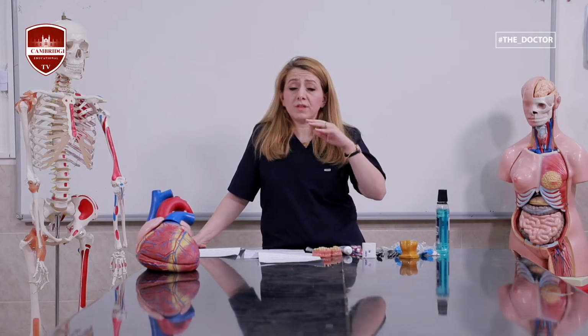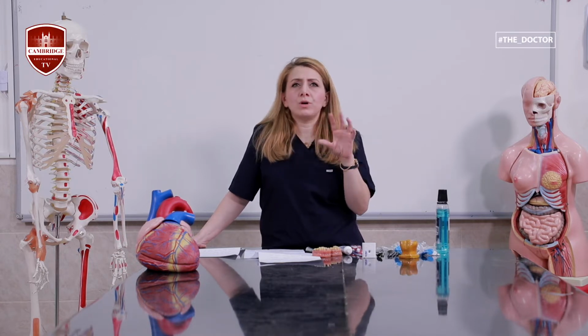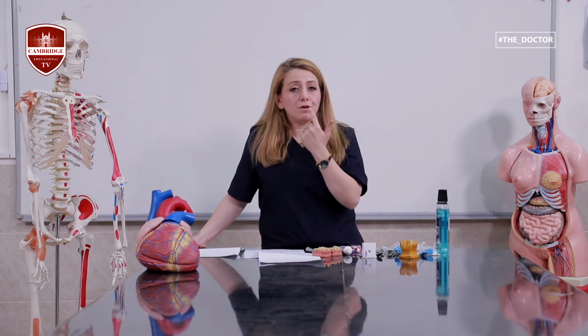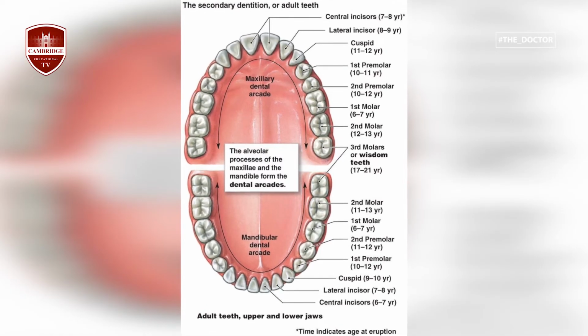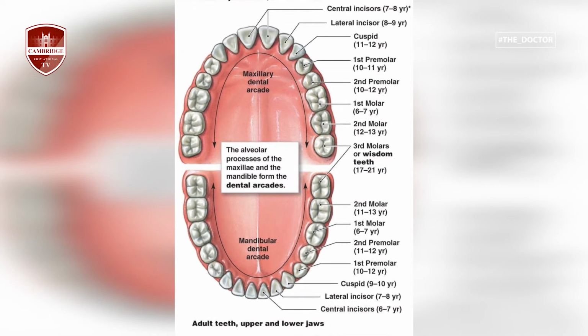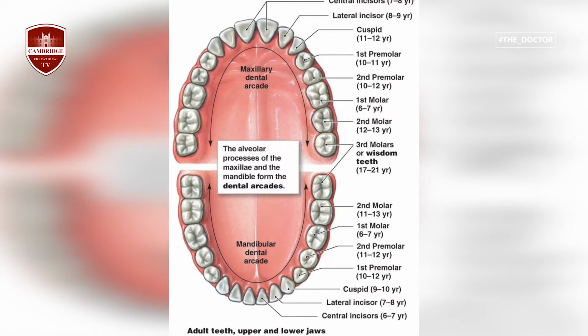We have 2 sets of them, 4 upper and 4 lower, which are just like when you cut an apple or a carrot, you use your front teeth, they are responsible for cutting. Then we have the sharp pointed ones on the corner of your mouth. They are the canines. These canines are located at the corners, so they give volume to your face, so it gives your face or your jaw how it looks. They're responsible for cutting as well.